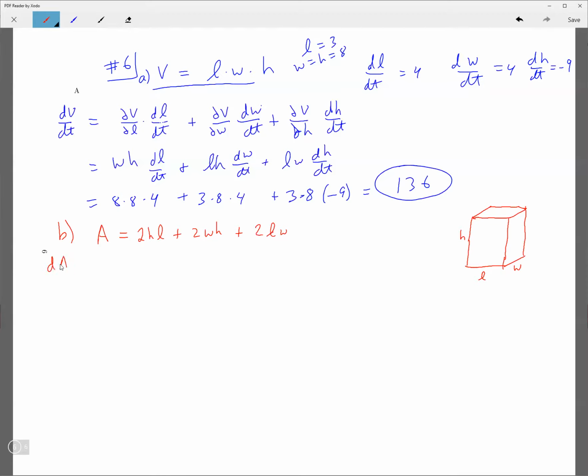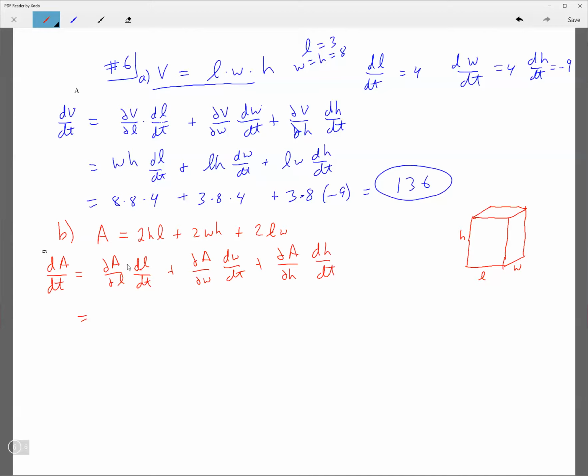So what's the derivative of area with respect to time? Well, it's going to be partial of A with respect to L times dL dt plus the partial of A with respect to W times dW dt plus the partial of area with respect to H times dH dt.